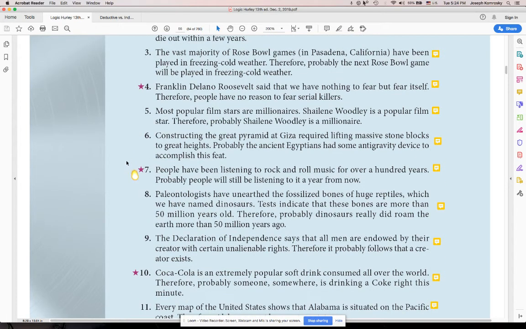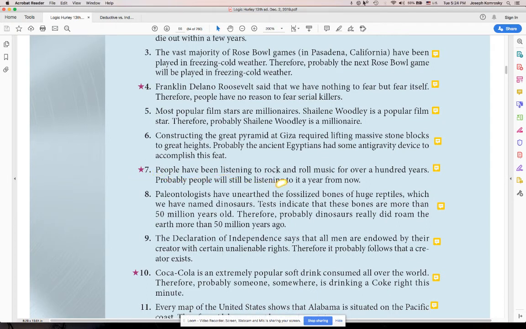Here's one. People have been listening to rock and roll music for over 100 years. Probably people will still be listening to it 100 years from now. If the premise was true, would this conclusion follow? Yeah, it seems pretty strong. But there's a problem. The premise is false.